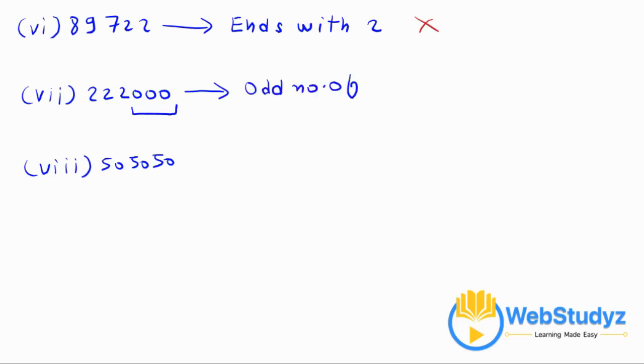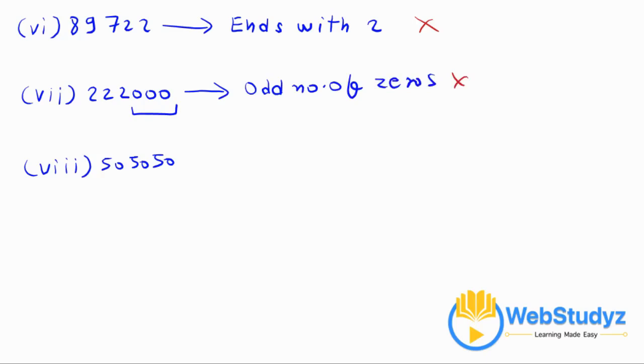In the sixth, this number ends with 2, that's why it is also not a perfect square. This number has 3 zeros, that is an odd number of zeros, that's why it is also not a perfect square.